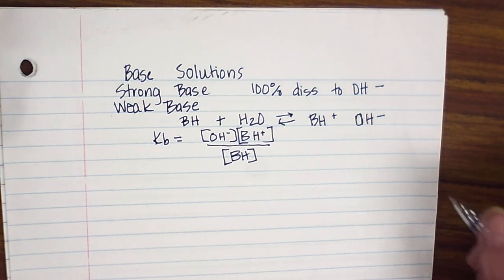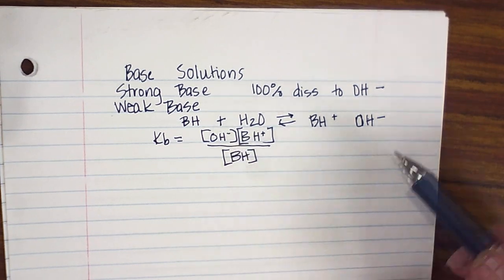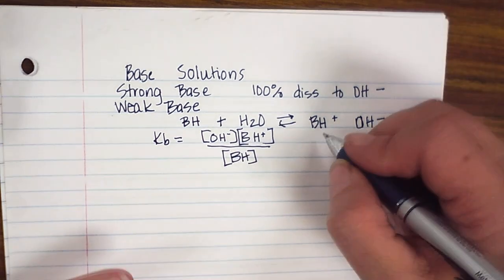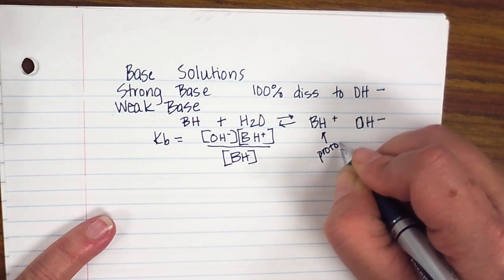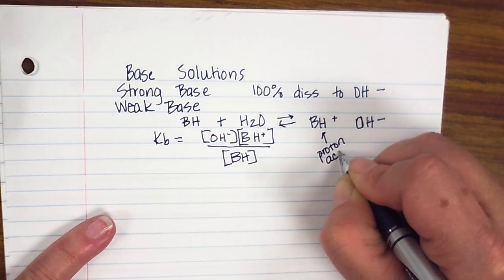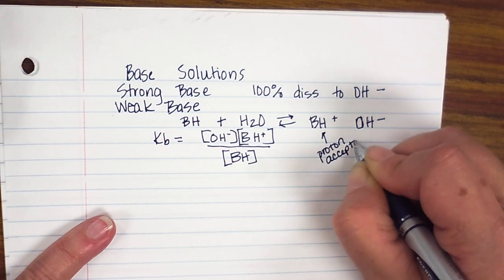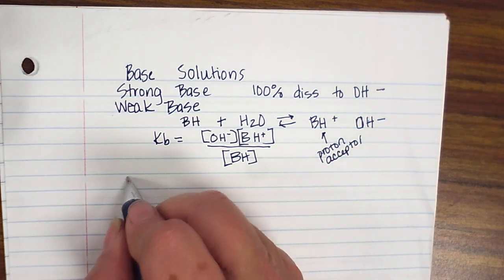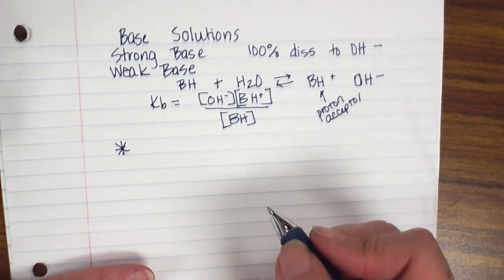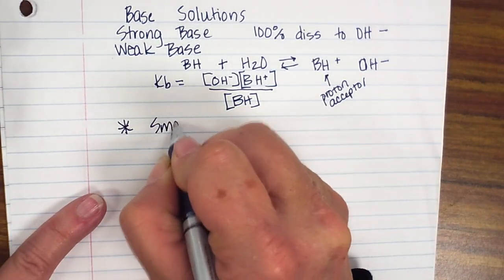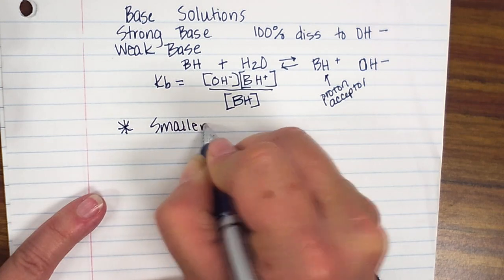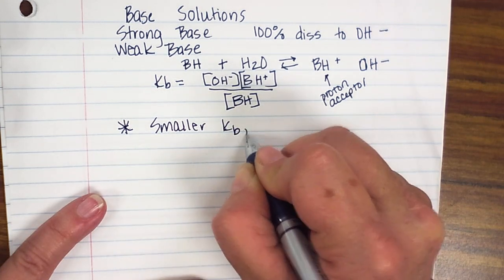So you're looking at your concentration of your hydroxide, and this is considered to be whatever your proton acceptor was. And of course, same as with the acids, the smaller the Kb, the weaker the base.